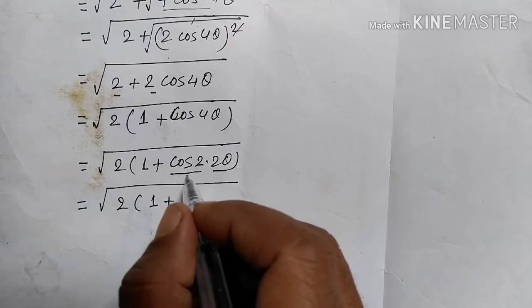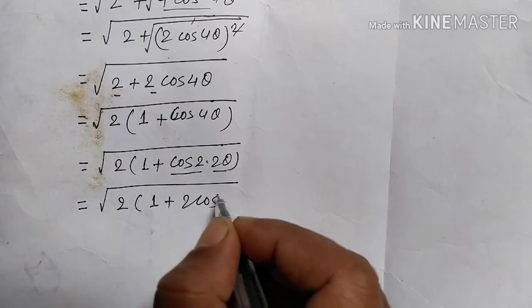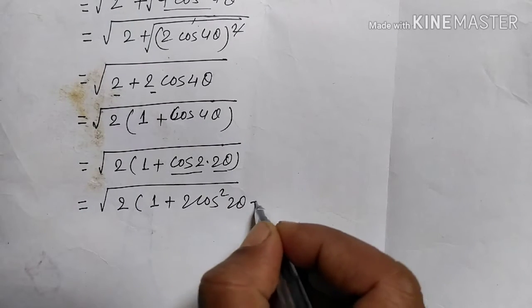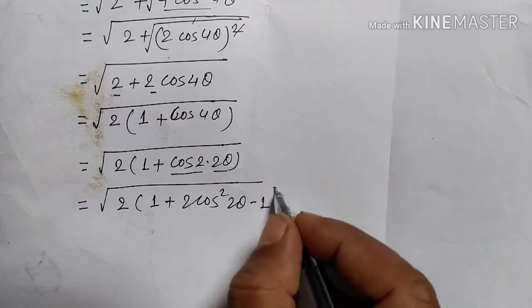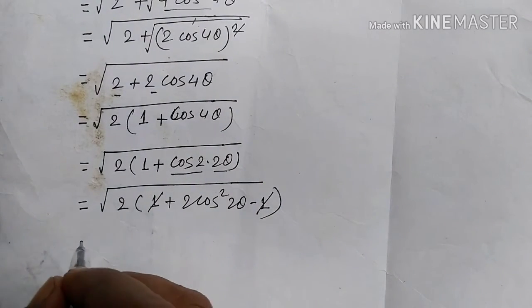It looks like cos 2θ, so you can write it in the formula 2 cos²θ − 1. This one is minus, this one is plus, so they cancel out each other.